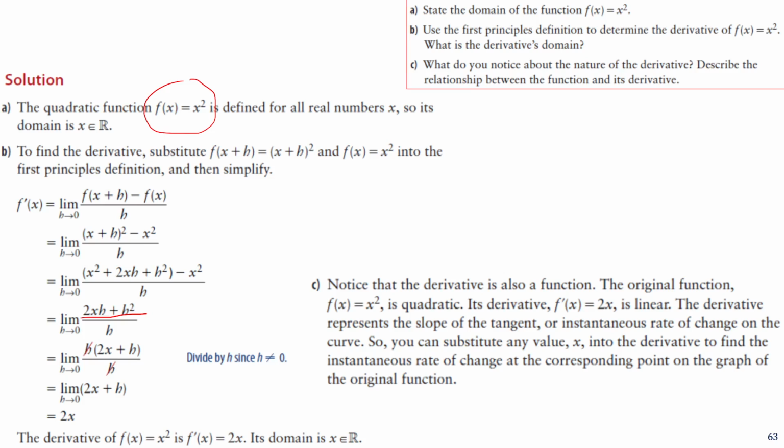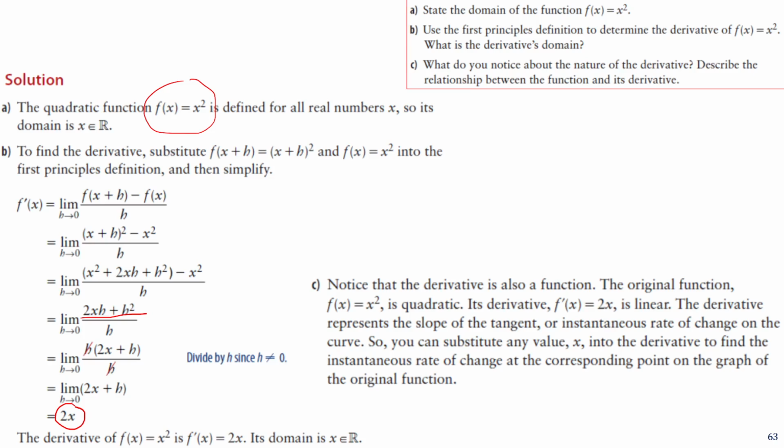So you will end up with the limit of 2x plus h when h approaches 0. When h approaches 0, this limit will approach 2x. Therefore, we know the derivative of the function f(x) equals x squared is 2x, right? And its domain is also x belongs to the set of real numbers.